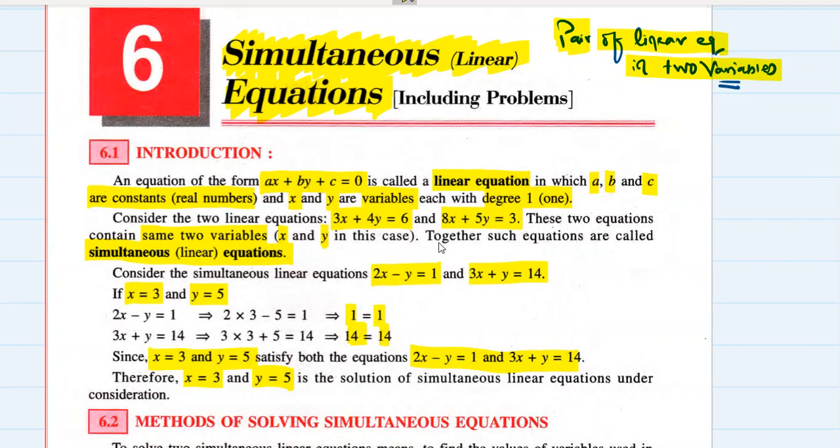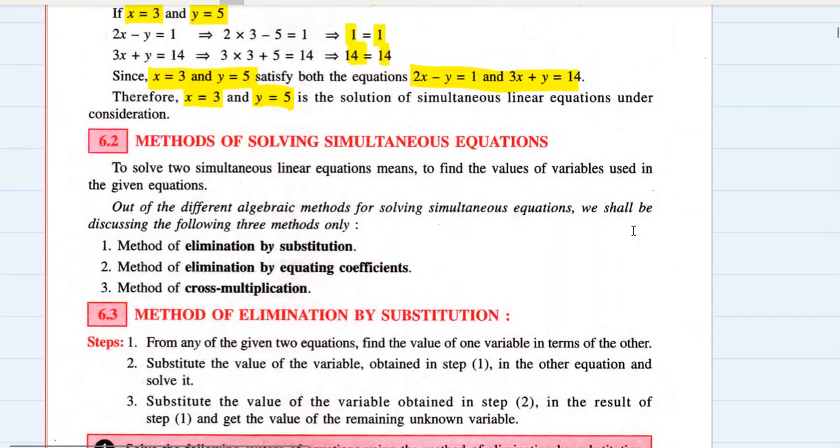Okay, and we will be choosing different methods for solving simultaneous linear equations. Out of different algebraic methods, we will be discussing elimination by substitution, that's going to be our first method, elimination by equating coefficients, second method, and the method of cross multiplication.